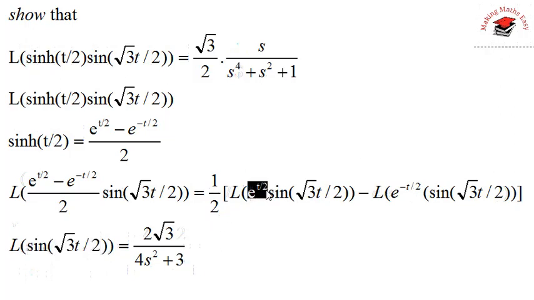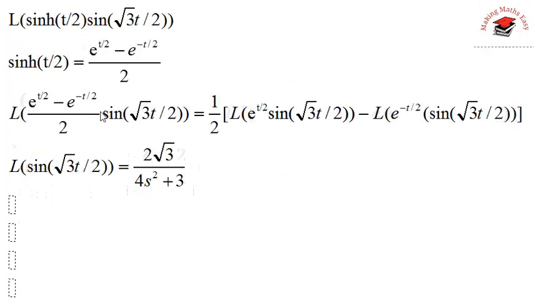According to the first shifting theorem, if we compare this equation with the equation of the first shifting theorem, the first shifting theorem equation is the Laplace of e raised to minus at into f of t, which is equal to phi of s plus a.